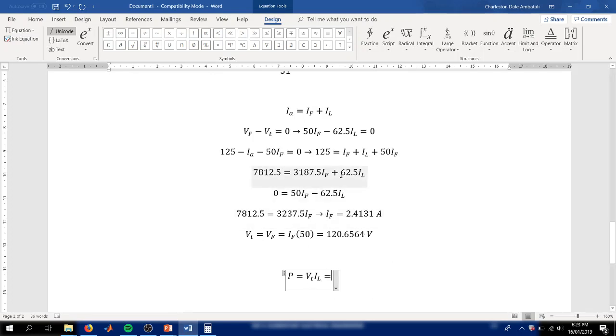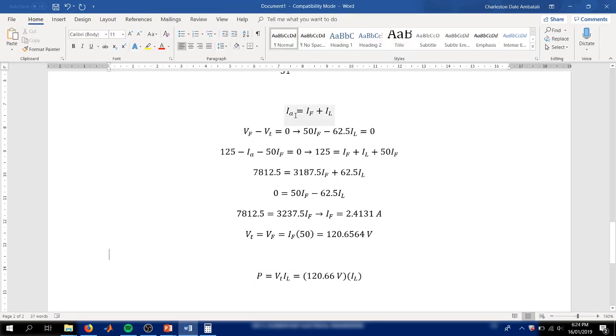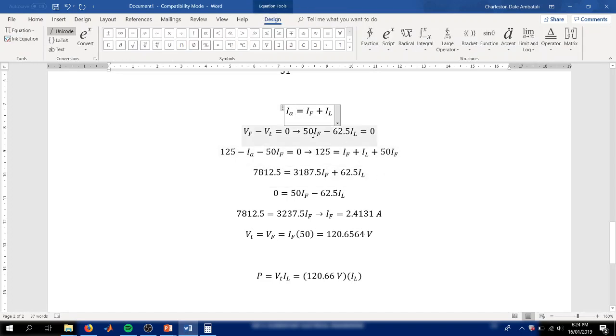So first we need to solve VT. VT is equal to VF, which is 120.66 volts. And next is IL. What is IL? So we go back to this equation right here. You can solve for IL using this equation.